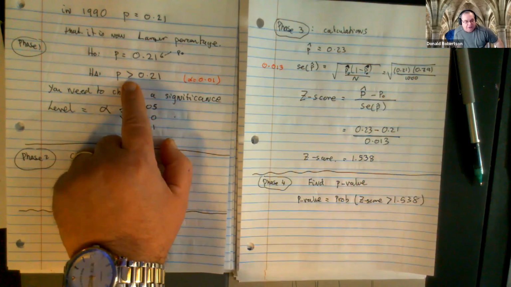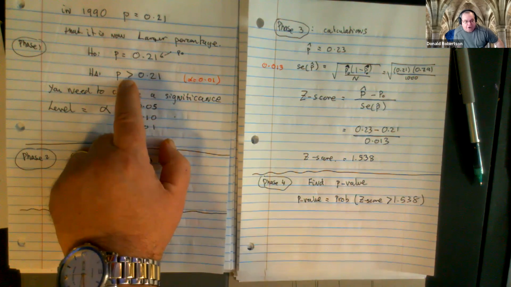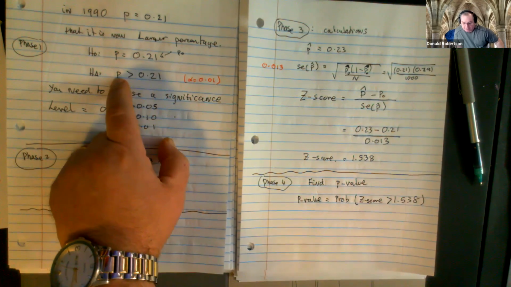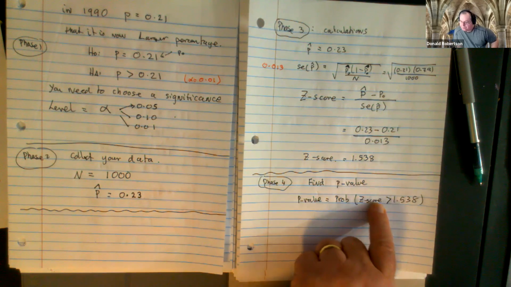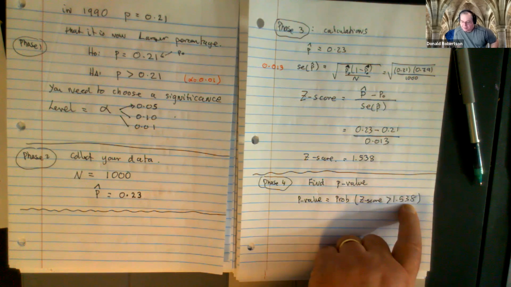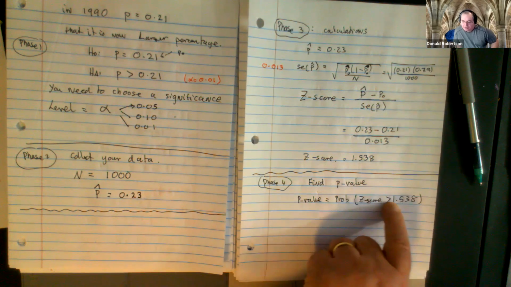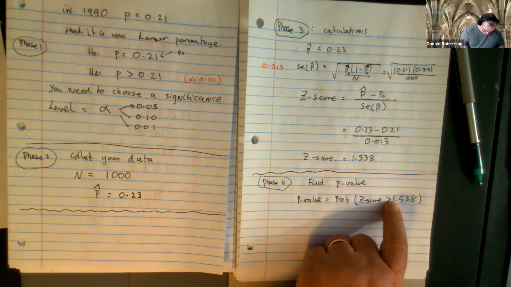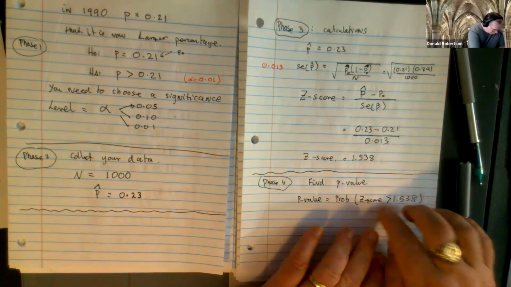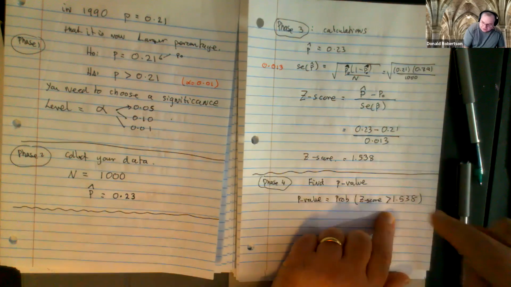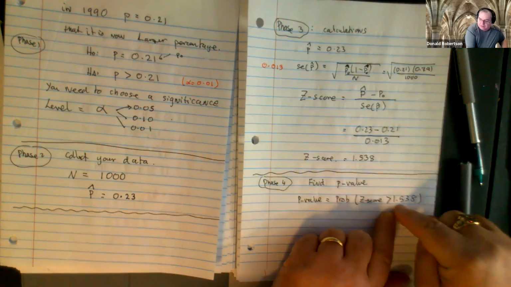If your alternate is that you're trying to prove something's bigger, then you're trying to look at Z-scores being bigger. Now this thing here gets done in Sol. So you're always going to end up using Sol. Even although you do everything else by hand, this last bit has to be Sol.